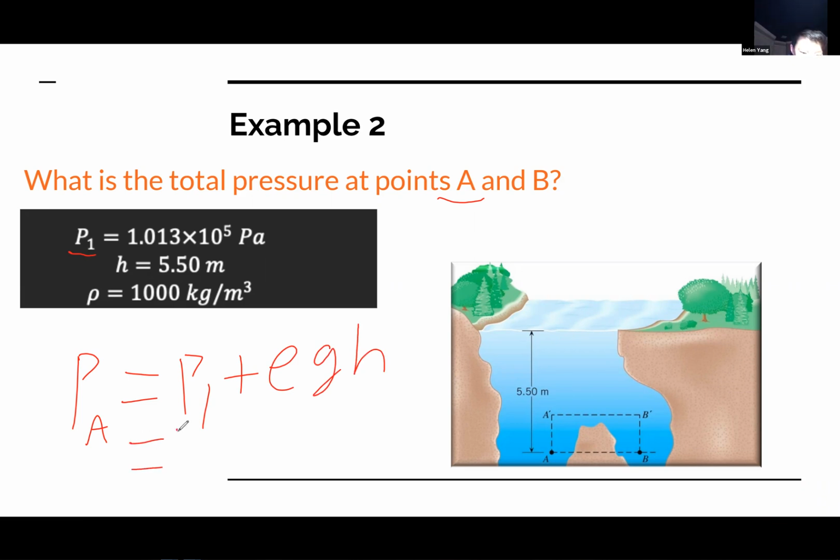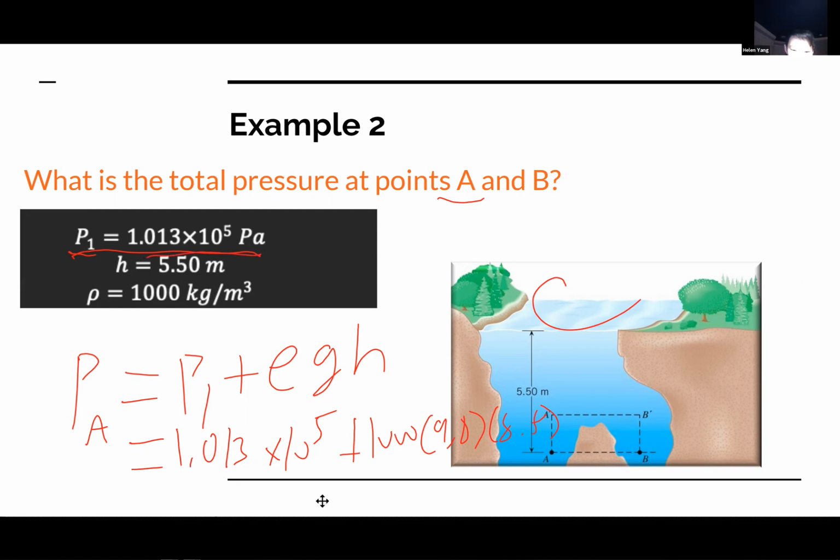So it would be written as 1.013 times 10 to the power 5 plus 1000 times 9.8 times 5.5. Also, this pressure right here, since it's closer to the surface, is actually the atmospheric pressure. And I forgot to say before, but this is the value of the atmospheric pressure, 1.013 times 10 to the power 5 pascals.